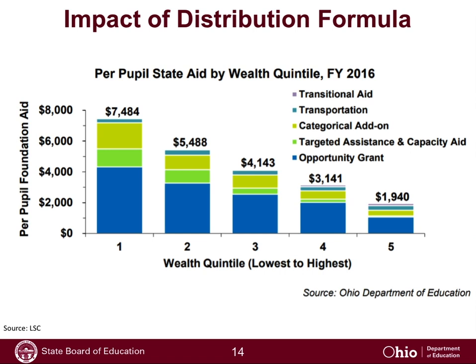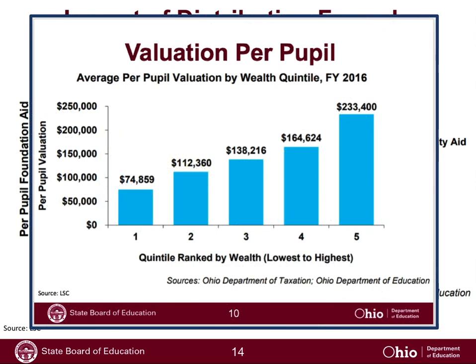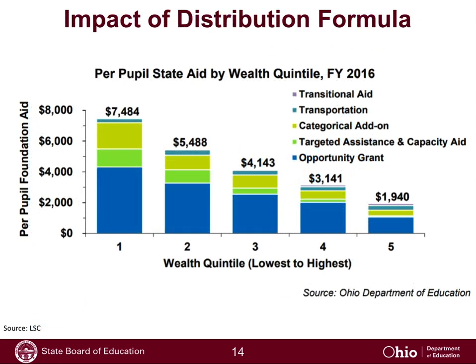So this next slide really shows you how this set of computations plays out on average, again, given the different wealth quintiles. If you recall the graph that we saw earlier in this presentation, the valuation was really high for that fifth quintile. And as you now understand, the amount that the fifth quintile actually gets from the state on average per pupil is the lowest amount, because they have the capacity to generate local revenues more than the others.